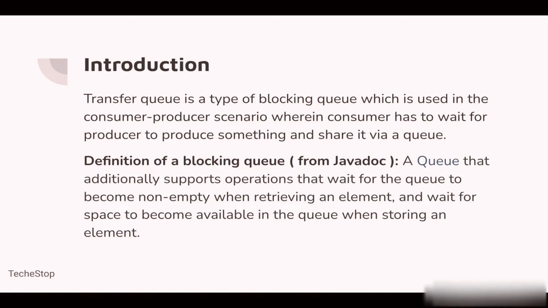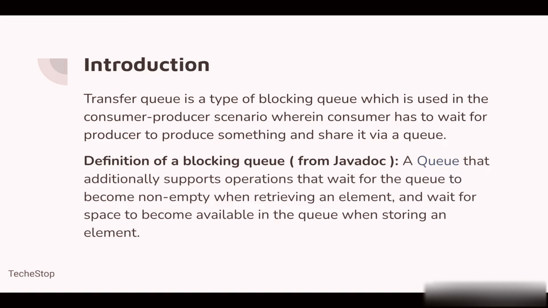Firstly, the introduction. The transfer queue is a type of blocking queue which is used in the consumer producer scenario, wherein the consumer has to wait for the producer to produce something and share it via the queue. So it's basically a queue via which the producer can transfer messages to the consumer.